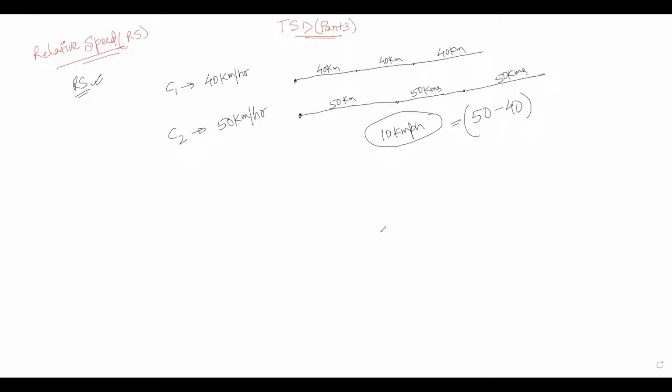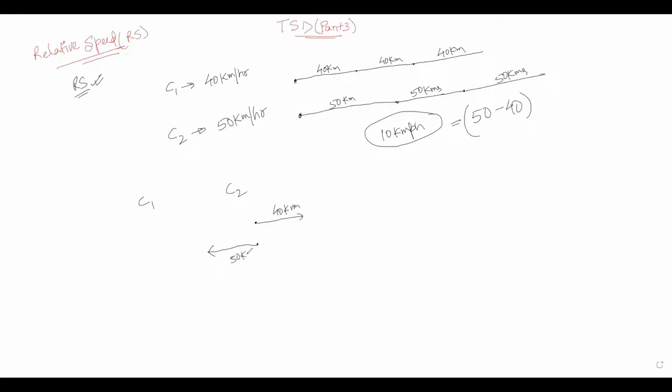But let us assume that these cars C1 and C2 are traveling in the opposite direction. Let us assume that the car C1 is traveling in the right direction with a speed of 40 km per hour. So in 1 hour, the car C1 would be covering a distance of 40 km. And let us assume that the car C2 is traveling in the left direction with a speed of 50 km per hour.